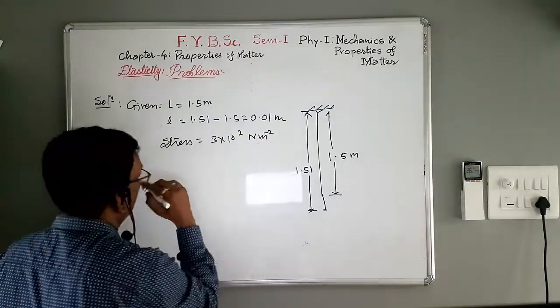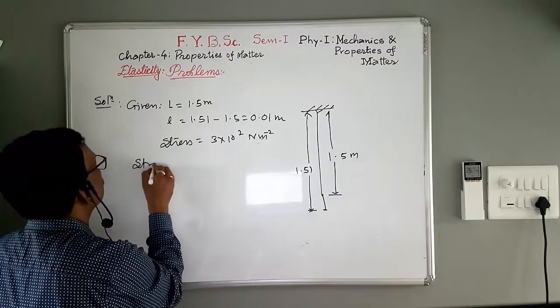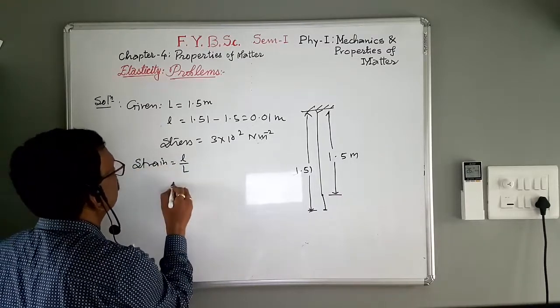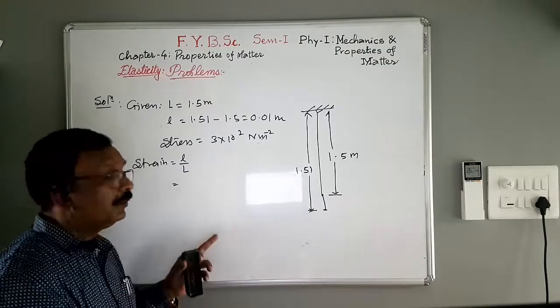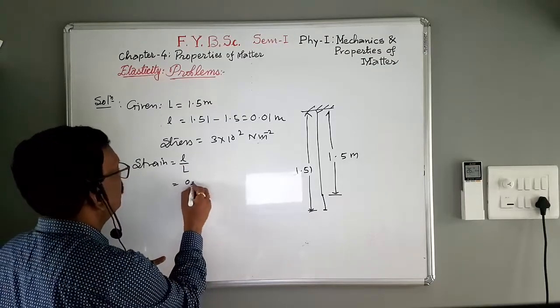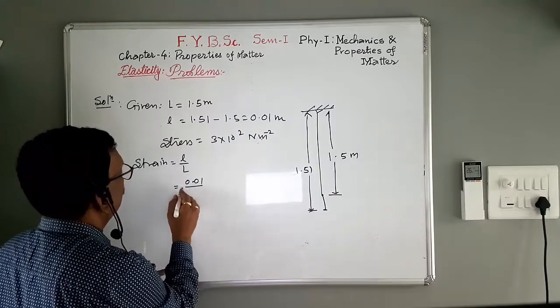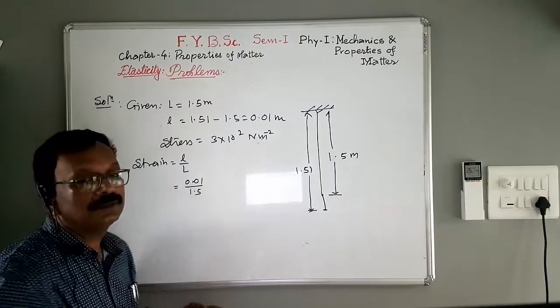Okay, this is the stress. So strain is equal to small l upon capital L, that is, change in length per unit original length. The change in length is 0.01 upon 1.5.